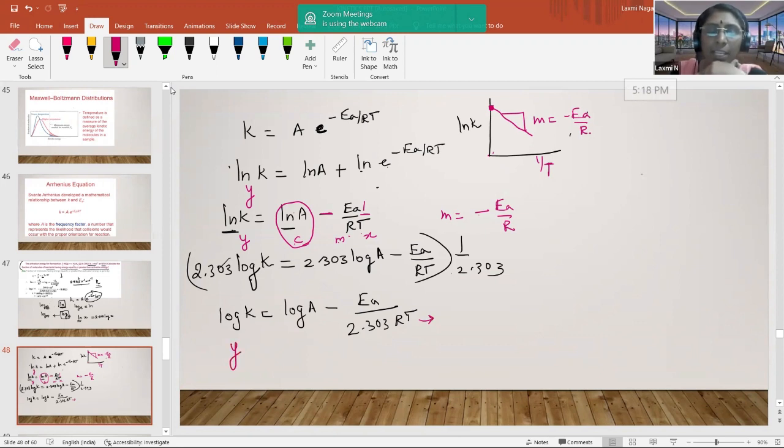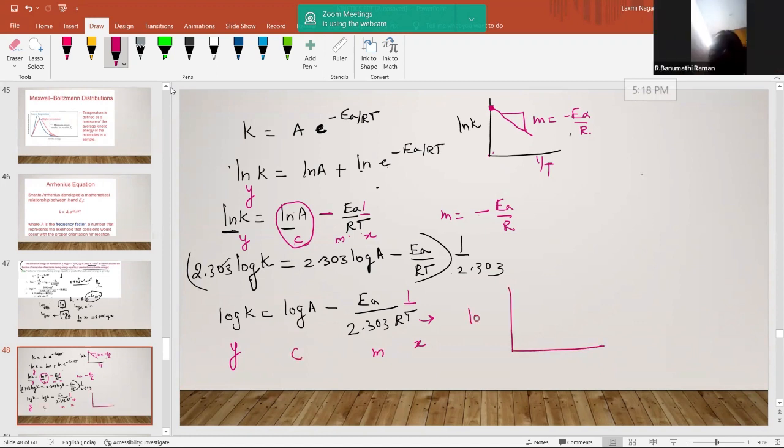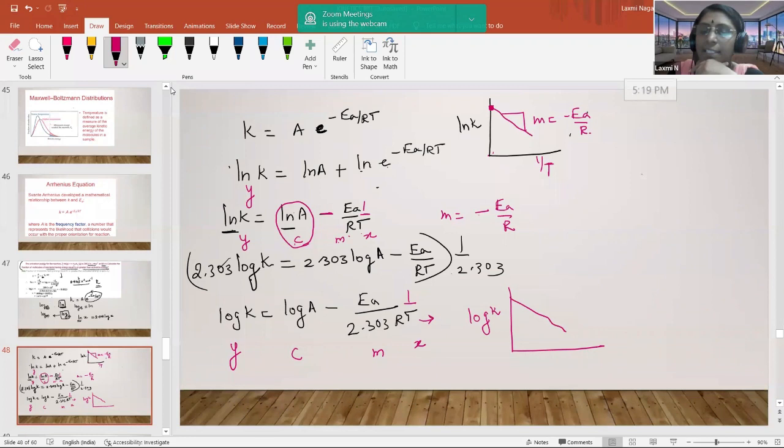What if I had used this expression? This is my y, 1 by T is my x. There is some slope, there is some intercept. Yeah, slope is equal to minus Ea by 2.303 R. So the same line, but only thing is now slope is equal to minus Ea by 2.303 R. So that's what I was saying.